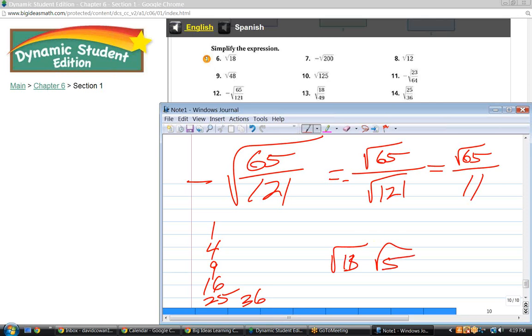If I break it up into that, I know that I can't simplify it because these are both prime. In other words, if you take a number and you split it up into two prime numbers, that means that's the only two factors of that number.